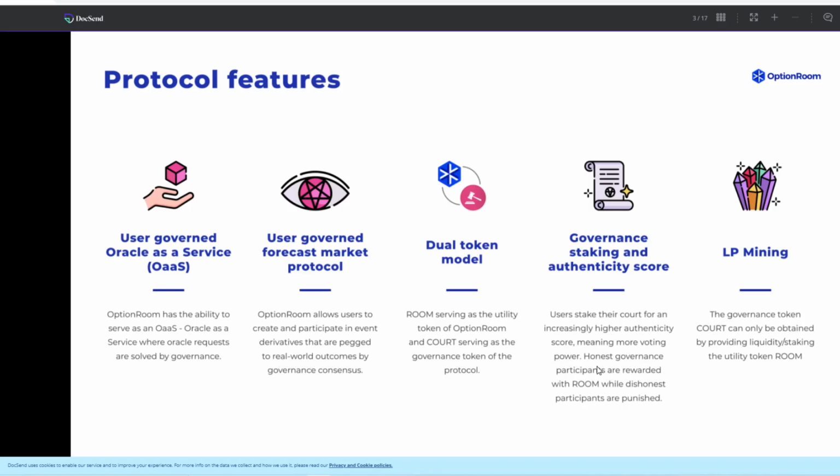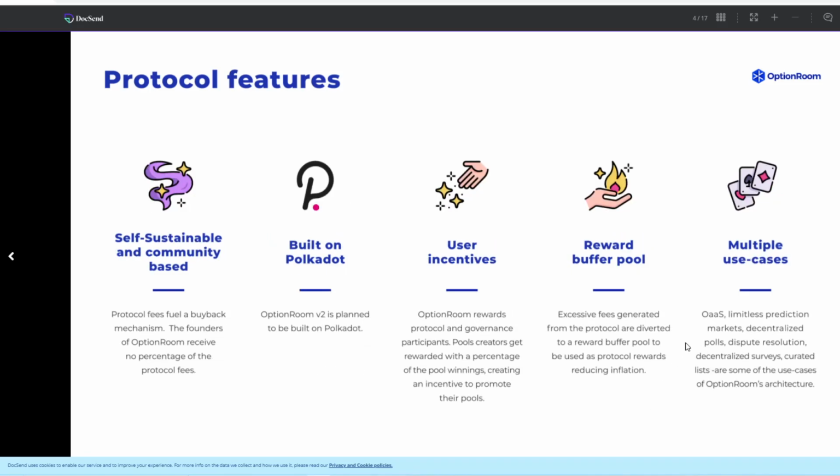Honest governance participants are rewarded with ROOM token based on their authenticity score, and dishonest participants will be punished. That's interesting, they're trying to measure this structure. It is self-sustainable and community-based, with protocol fees fueling a buyback mechanism.